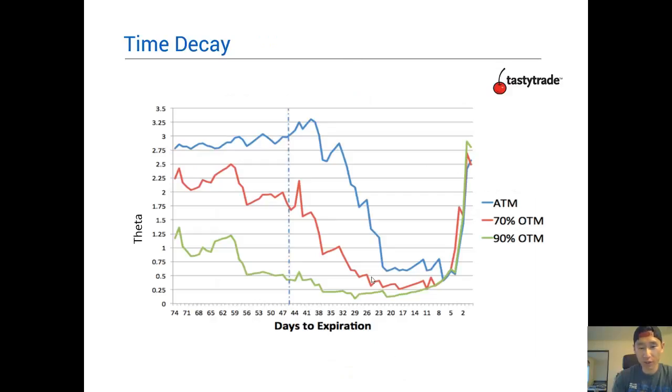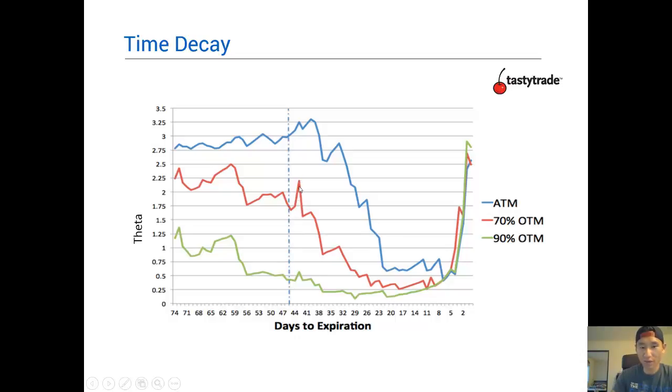Also, want to give another representation, a study done by tastytrade, which is a financial network, tastytrade.com. They did a study on what theta is. I forget which underlying they were using. However, the visual representation is what's important. They show that around the 50 to 40 days to expiration is a time when theta is the highest.